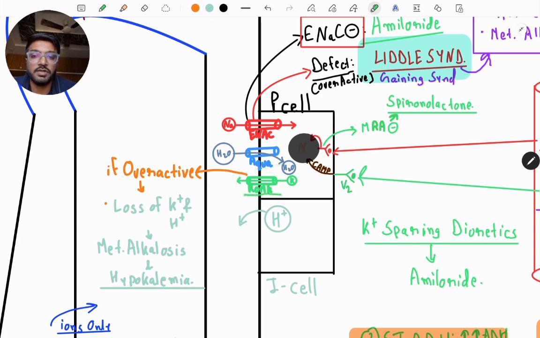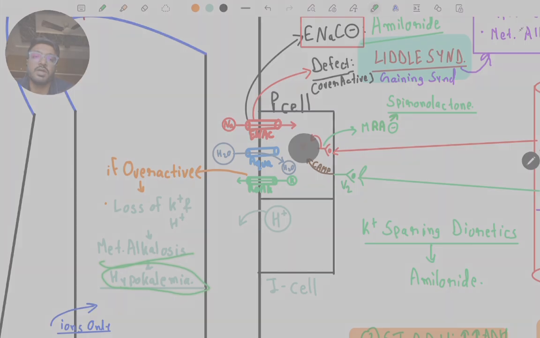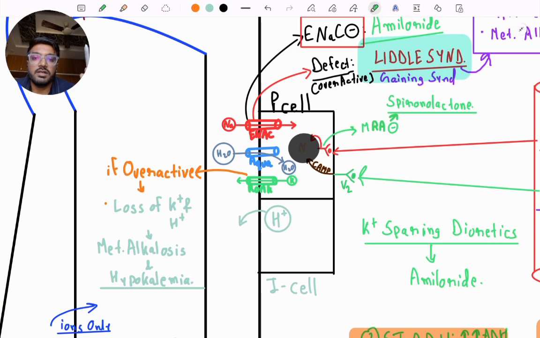Talking about ROMK first, if this channel starts overacting, or starts working more, then it will lose more potassium and hydrogen. If hydrogen ions are getting excreted more, it's going to cause our urine to be acidic and our blood to be basic, so it will lead to metabolic alkalosis and hypokalemia. This hypokalemia can have symptoms such as arrhythmias and muscle weakness.